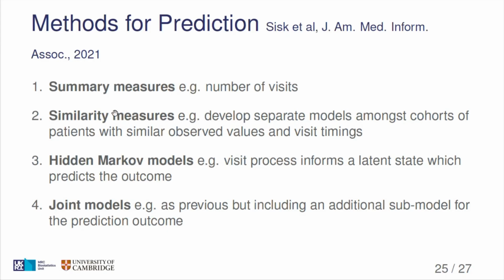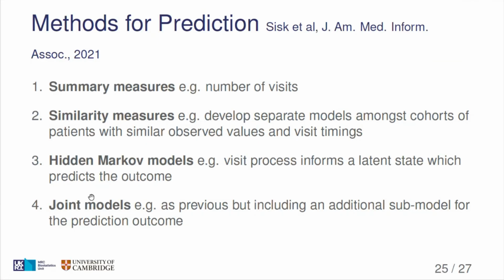Similarity measures are methods where you try to identify a group of patients who are very similar to the patient that you have, and then you average over their results somehow to predict the outcome for the particular patient you're interested in. Then I'll move on to joint models.